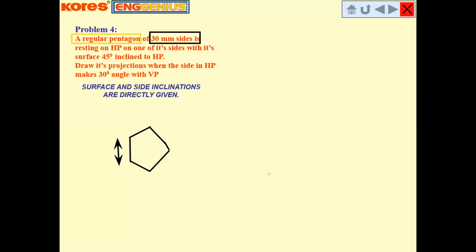The first information is that this pentagon is resting on, or we can say one side of the pentagon is resting on this HP, horizontal plane, right? And one of its sides, let us say for example this side, is making an angle of 45 degrees with respect to the horizontal plane.